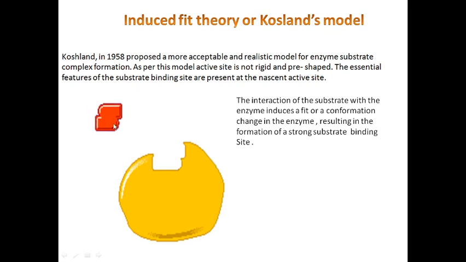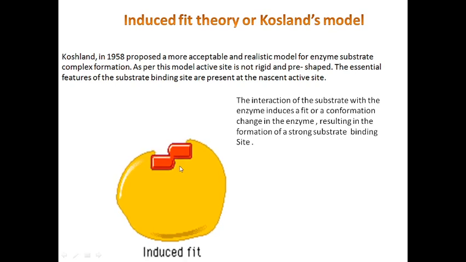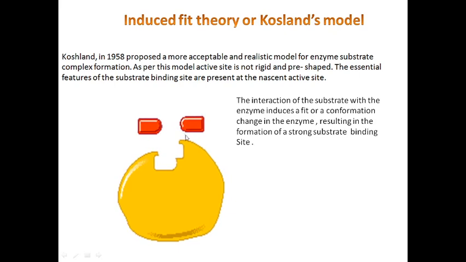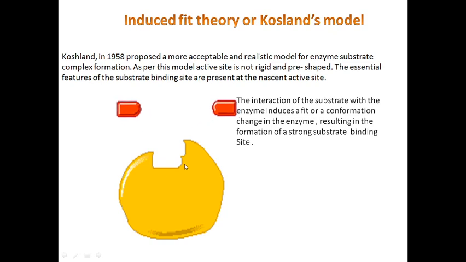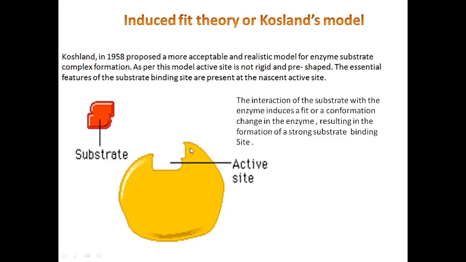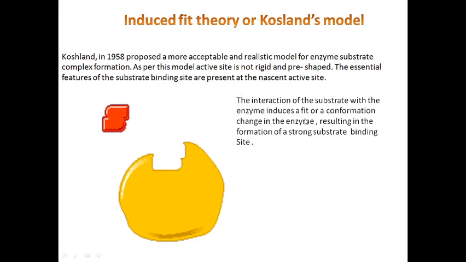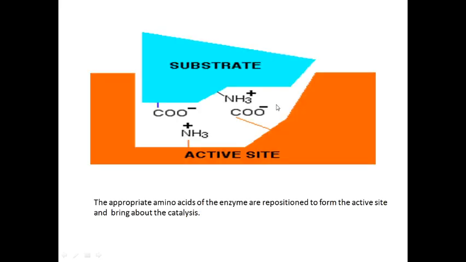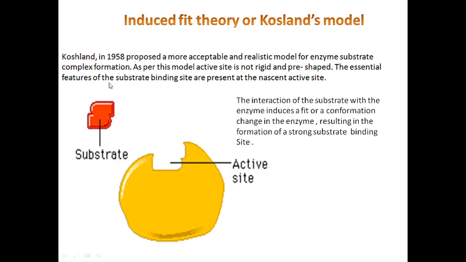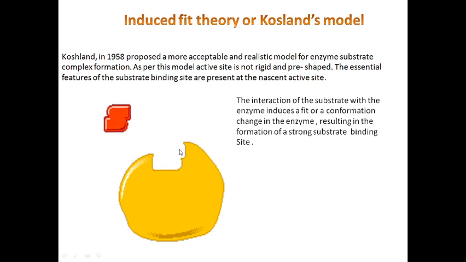You can see once again, this is the substrate and this is the active site of an enzyme. When the substrate comes here, the enzyme changes its shape, and later when the substrate is released as a product, it comes back to its original shape. So this model states that the active site of the enzyme, or the enzyme, is flexible in nature. And let me tell you, this active site of an enzyme contains certain amino acid residues.